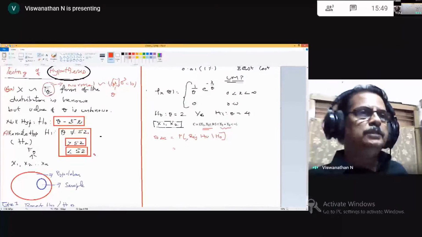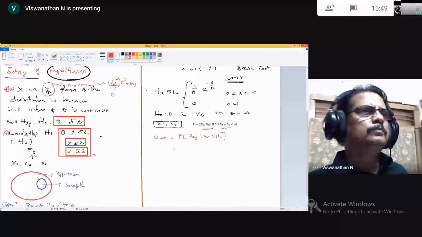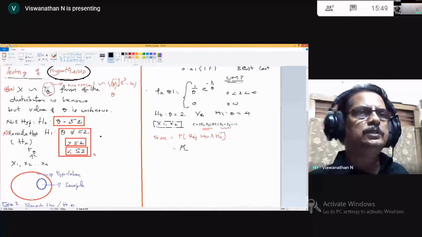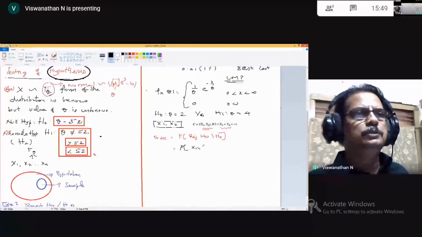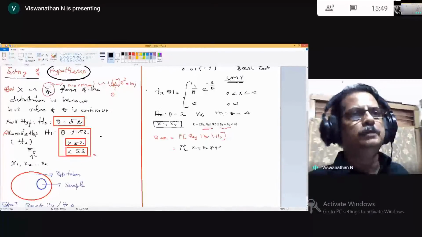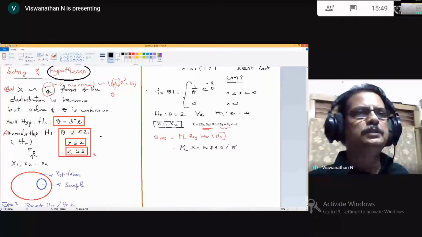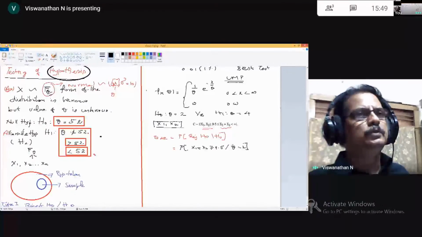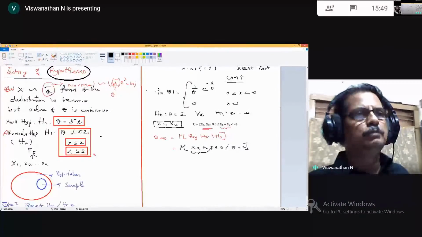So let me see the probability of rejecting h naught. I will reject when x1 plus x2 is greater than or equal to 9.5. Under h naught, theta equal to 2. So what I want is to find the distribution of x1 plus x2 under theta equal to 2.